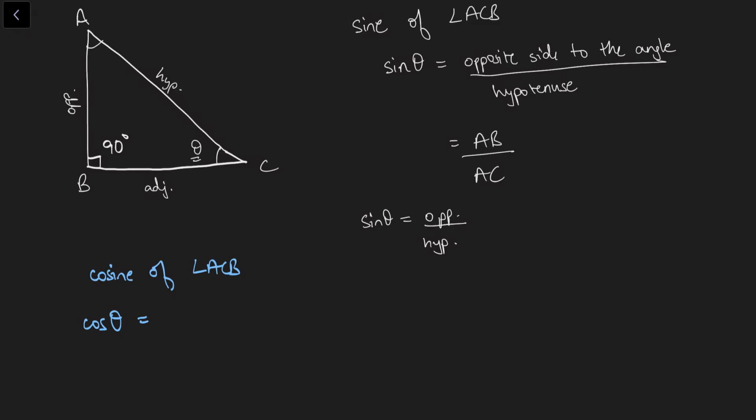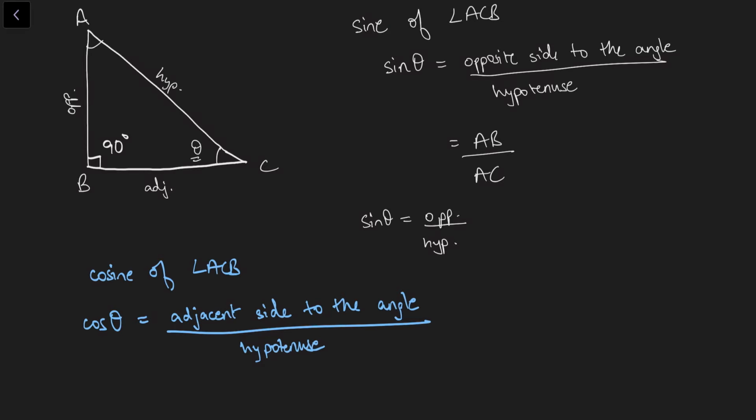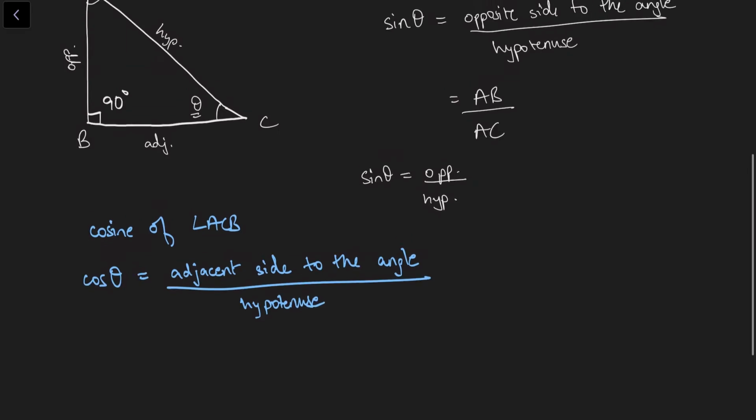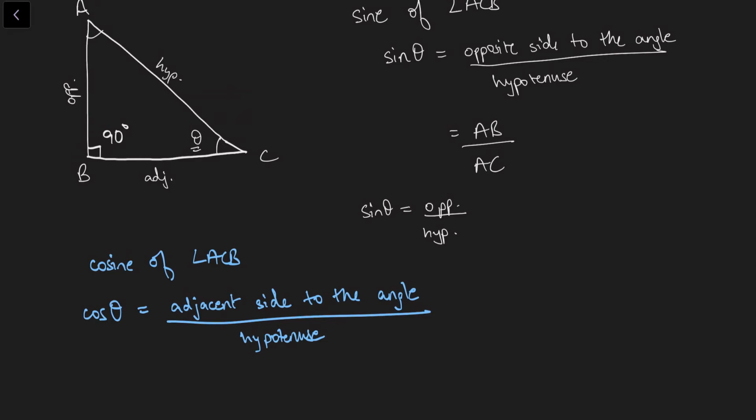Now cos of theta is equal to the adjacent side to the angle divided by the hypotenuse. So over here the adjacent side is BC. So cos theta is equal to BC divided by AC. And that's our second function.